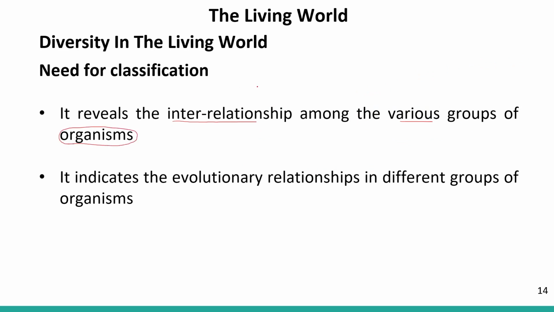So when we classify all the living organisms, we can then find out the relationship between the various groups of organisms. And the last point is it indicates the evolutionary relationship in different groups of organisms, or you can say how they are related to each other. What is the relation between different groups of organisms?